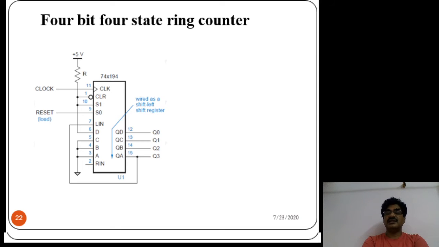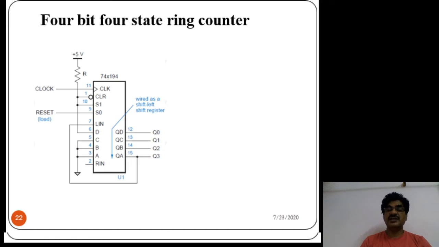Now here is the design of the 74194 IC to circulate 1. Before that, the 74194 shows 4 different functions: hold, left shift, right shift, and load.